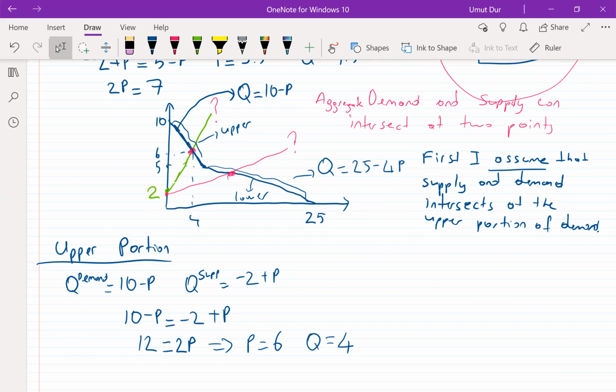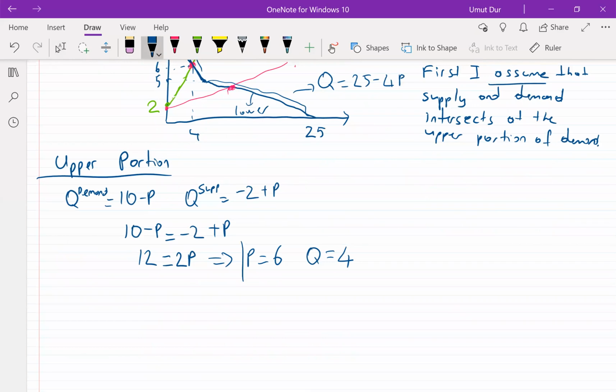The upper portion of the demand curve is valid when the price is greater than 5 and less than 10. The intersection point that I found gives me a price of 6, so everything is confirming itself. There is no problem with it.